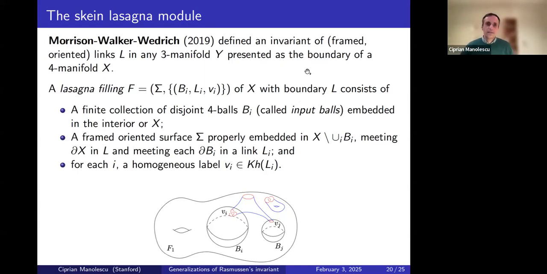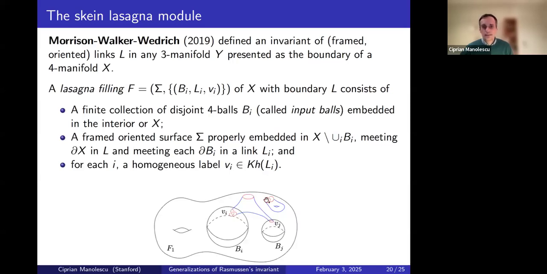So we have a link in a 3-manifold, and the 3-manifold is the boundary of a 4-manifold. We have to specify which 4-manifold we want. Then we talk about these lasagna fillings, which are as follows. You have some balls inside the 4-manifold. You have some links on the boundary of the balls.